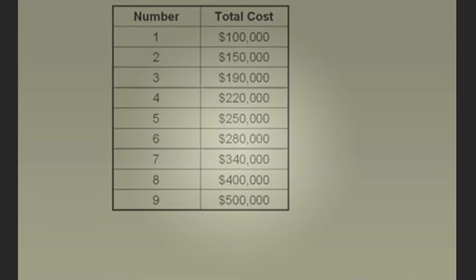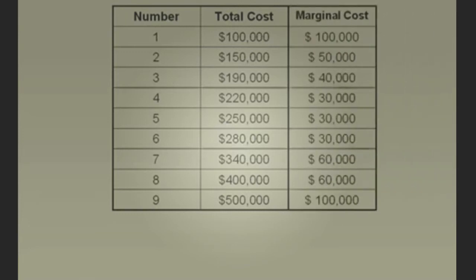So the marginal cost would be, for the first unit, it's 100,000. For the second unit, 50,000. For the third unit, 40,000, and so on.